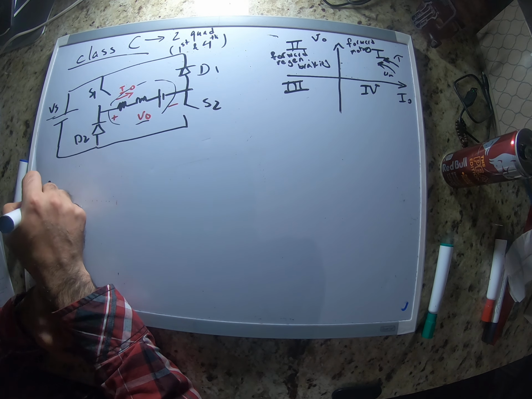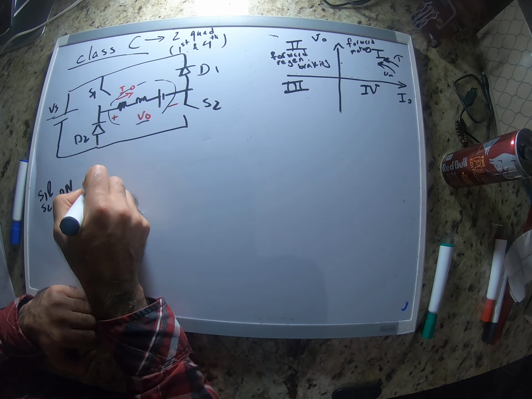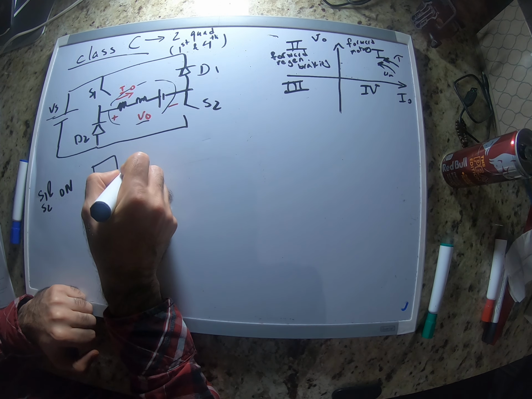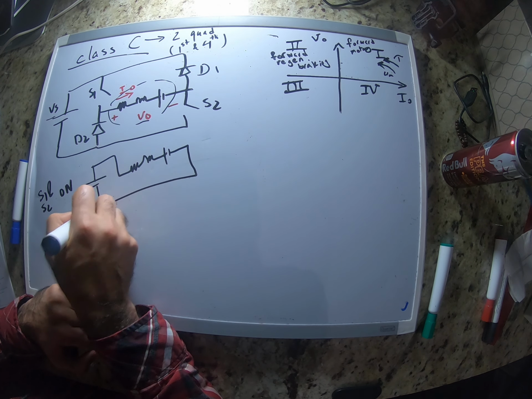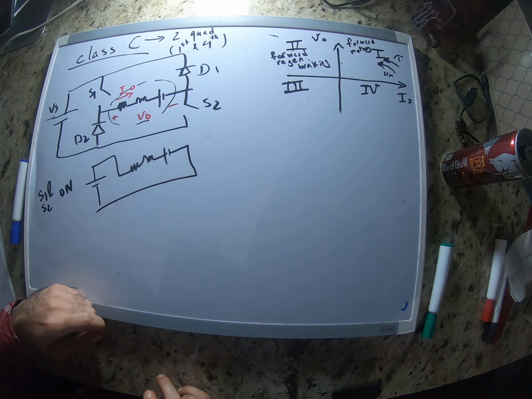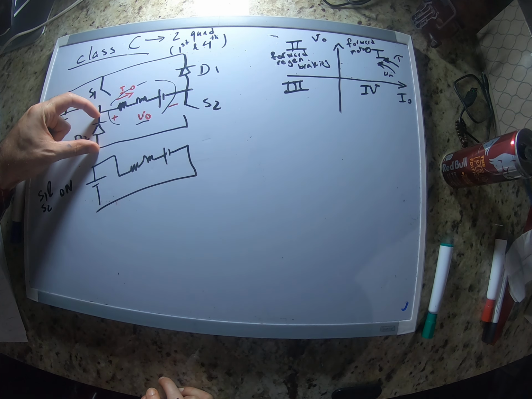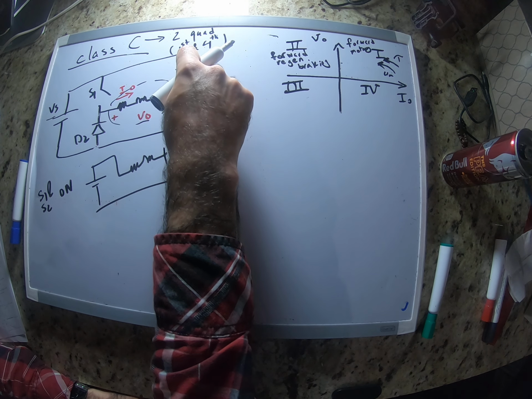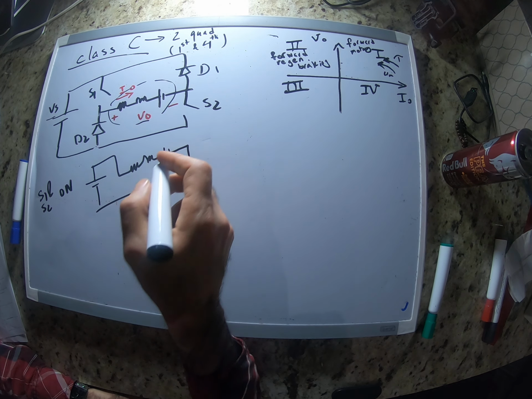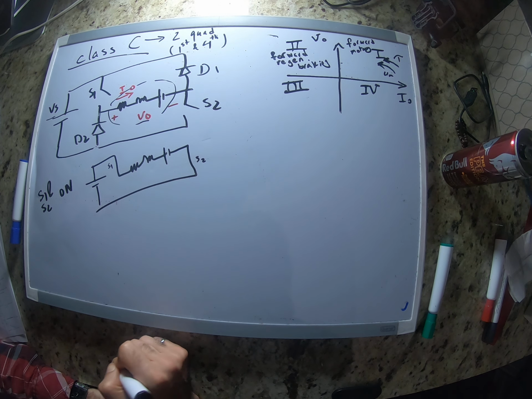S1 and S2 both on. Then we end up with this circuit. Right? This point is going to be Vs. So this is going to be reverse biased. The same thing is going to happen here. So this is going to be reverse biased. This was where S1 is and this is where S2 is, right?